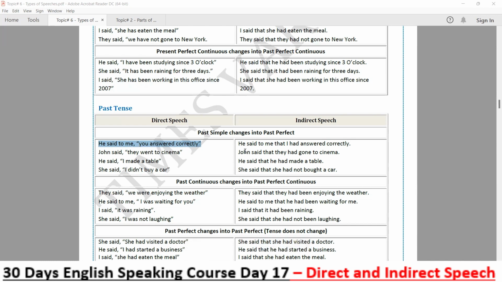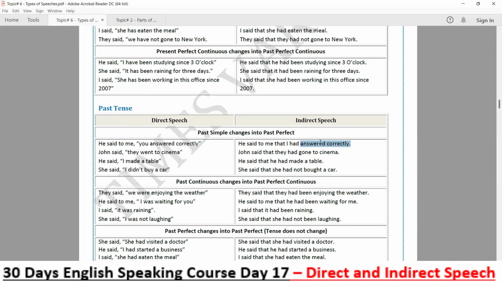So in that case, past simple changes to past perfect. This direct speech is in past simple: you answered correctly. If it is in past simple, it changes to past perfect. So here the indirect speech should be, he said to me that I had answered correctly.